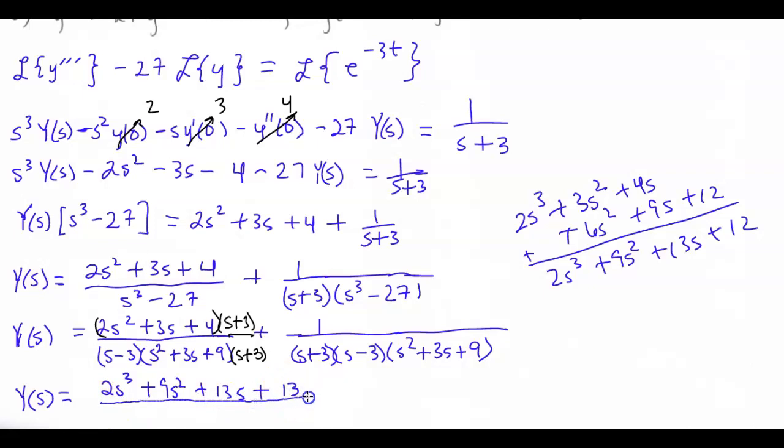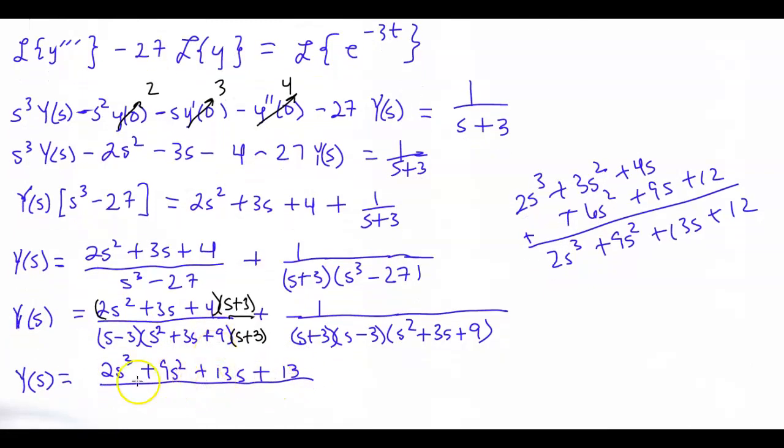Take all of that and that is going to be divided by s minus 3 times s plus 3 times s squared plus 3s plus 9. And you can keep that as one quotient that way.